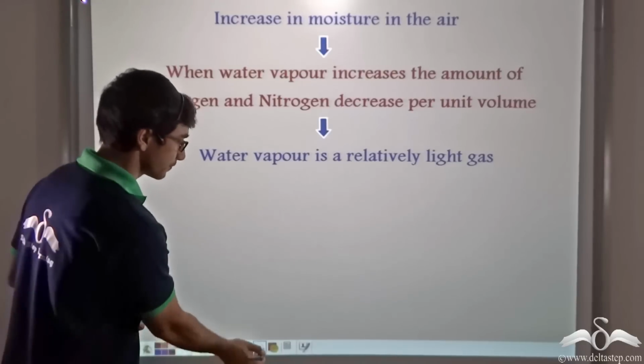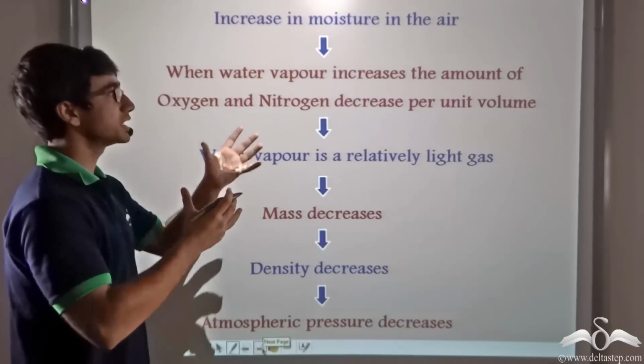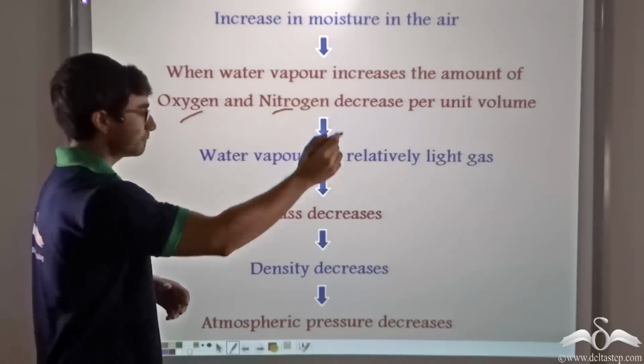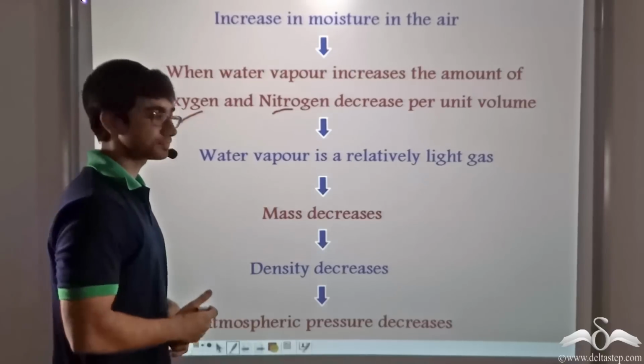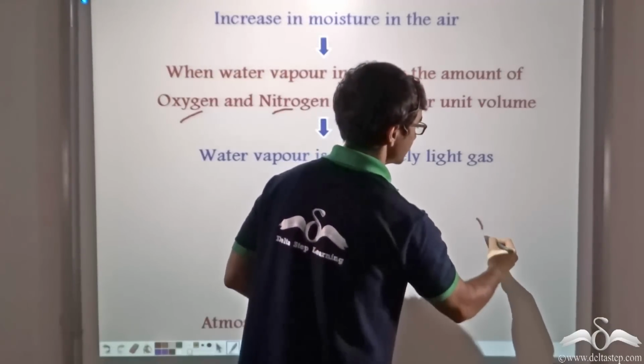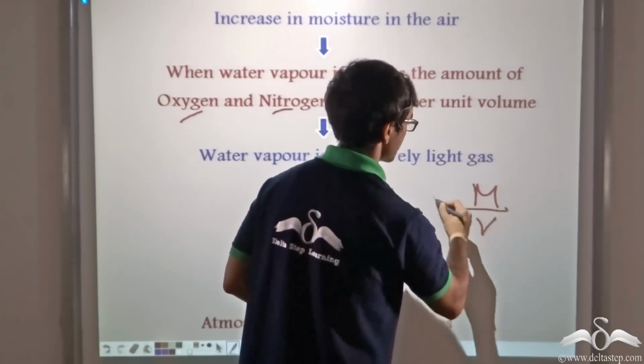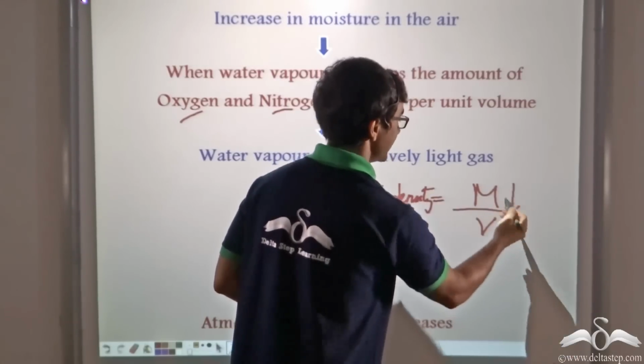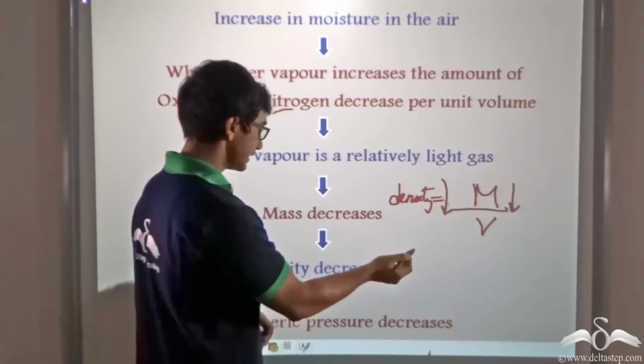So when water vapor content per unit volume is becoming more as compared to oxygen and nitrogen, the mass is decreasing. So if we consider a fixed volume, and if mass decreases, then density will decrease.